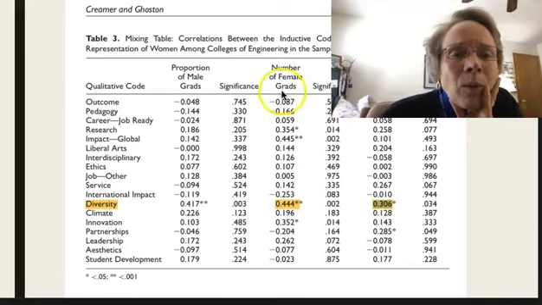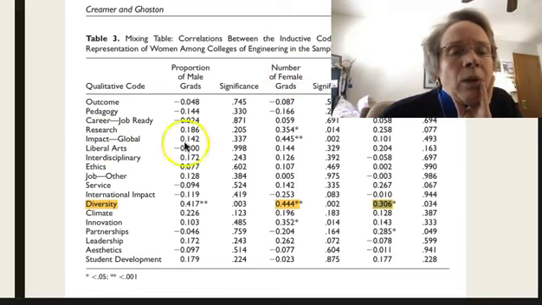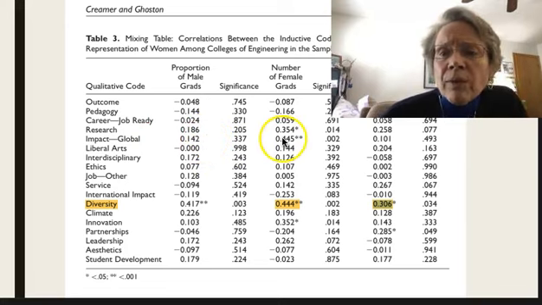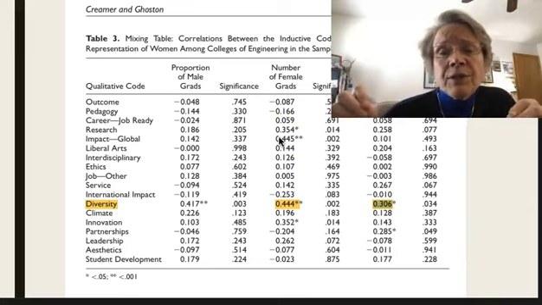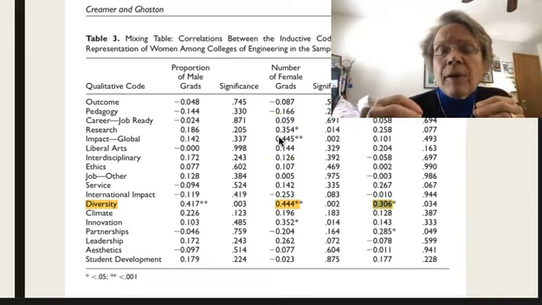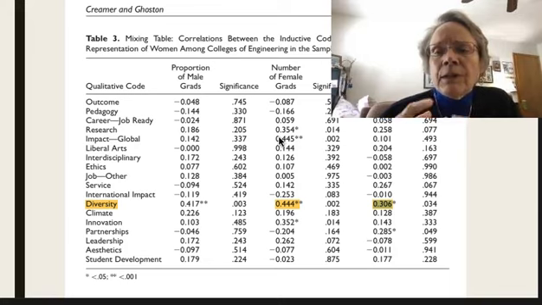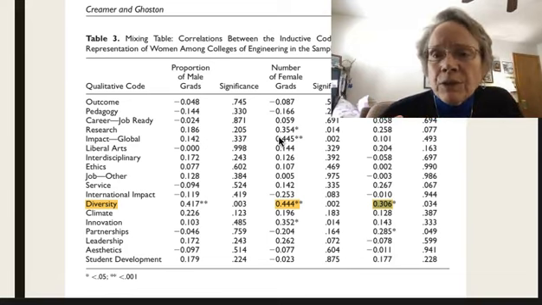The Impact Global link between the number of female grads and this particular qualitative goal to have a global impact is important because it really touches on this idea of how important it is, increasingly, and especially for women, to understand the social and practical implications of engineering applications.